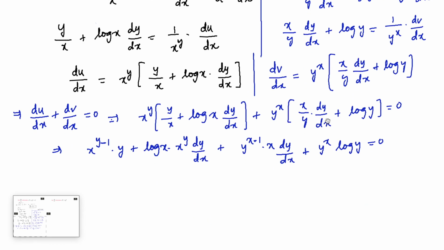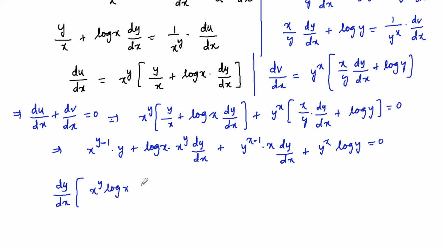And now taking dy by dx common and the other terms separately, we have dy by dx of x to the power of y log x and here x into y to the power of x minus 1, plus x to the power of y minus 1 into y plus y to the power of x into log y is equal to 0.